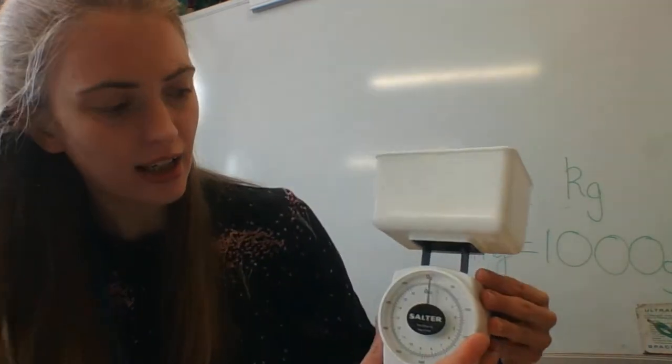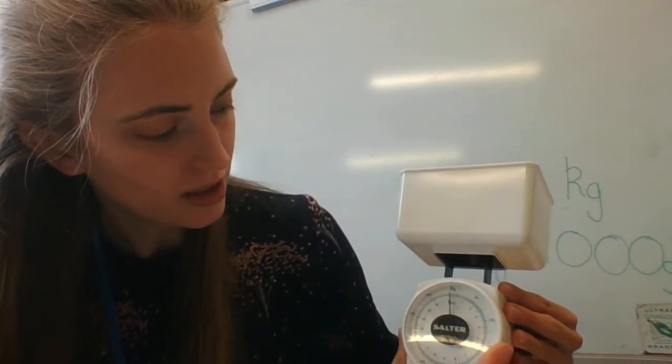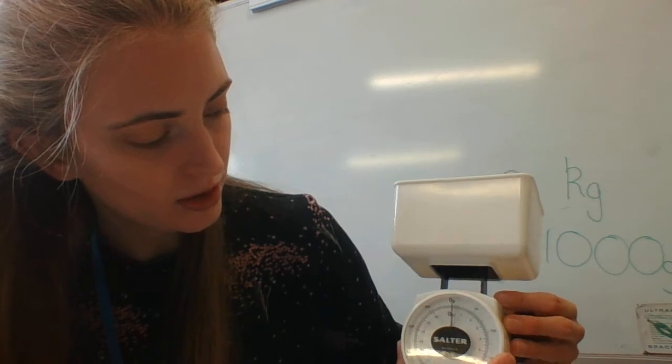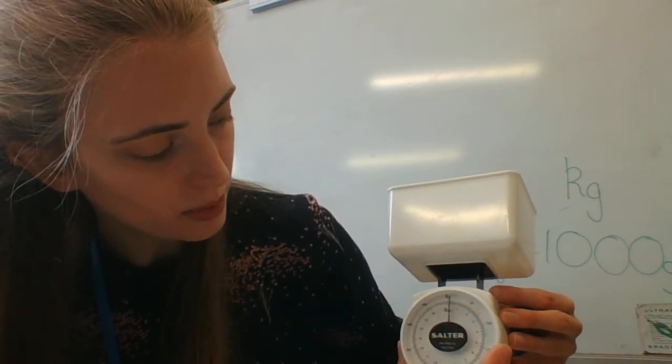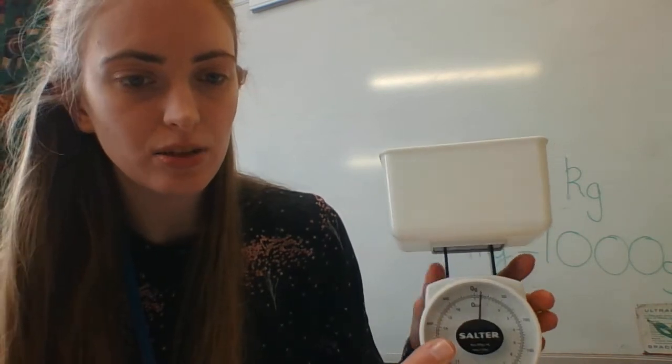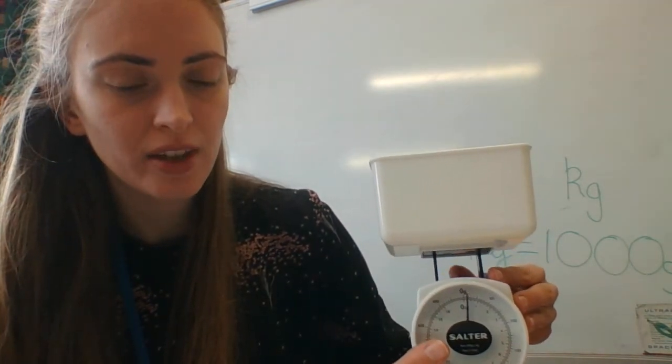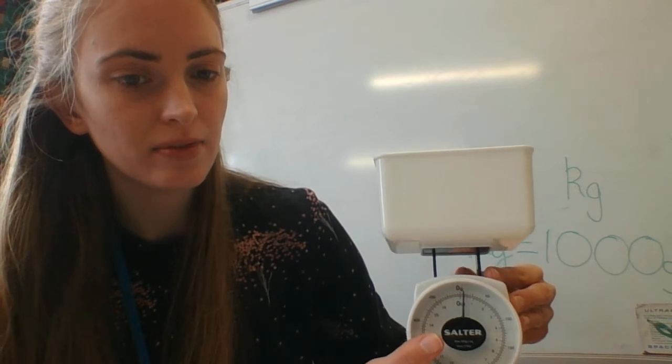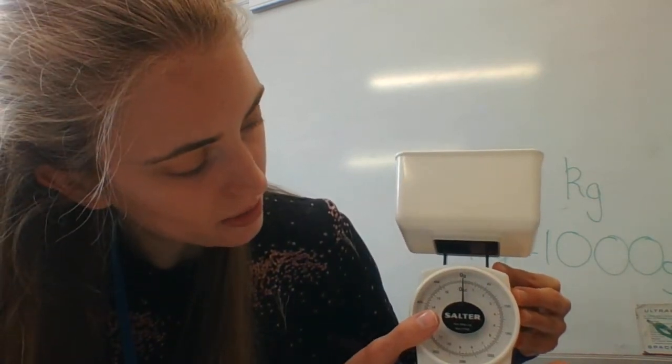If I'm looking at this, and it changes when I pick it up, so let's move that arrow. Where that arrow points, as I'm sure you remember from baking, is how much it is weighing. If it's pointing at 0, it's at 0, I'm just trying to calibrate it at the moment.